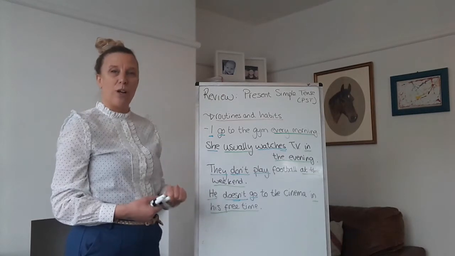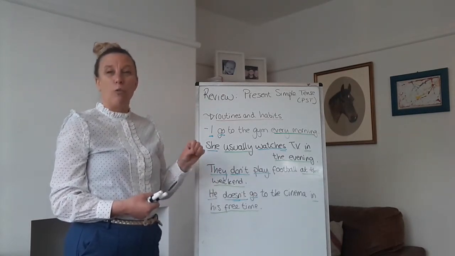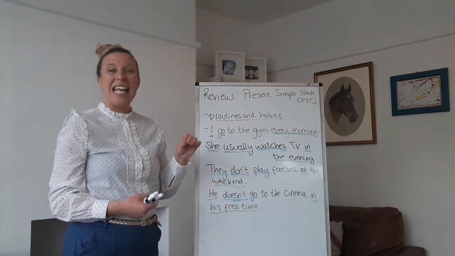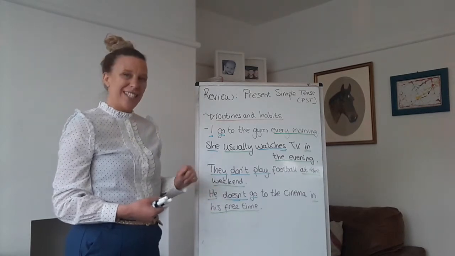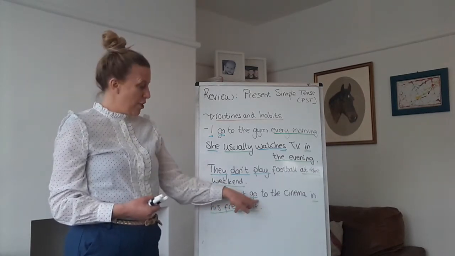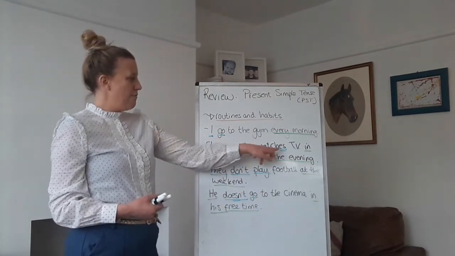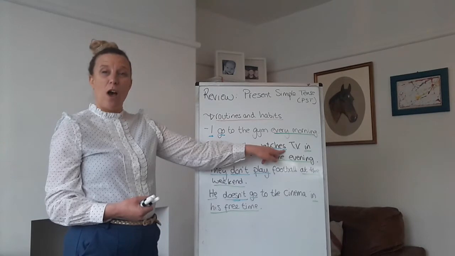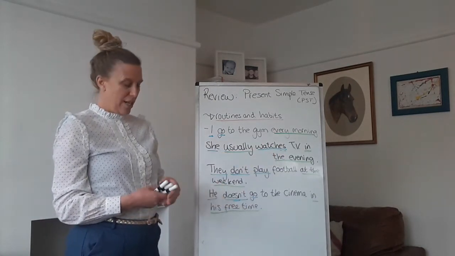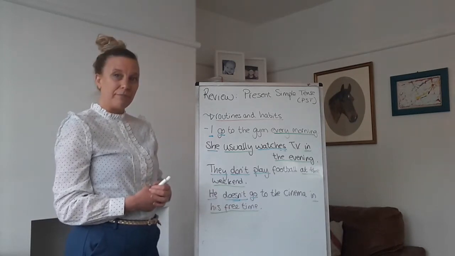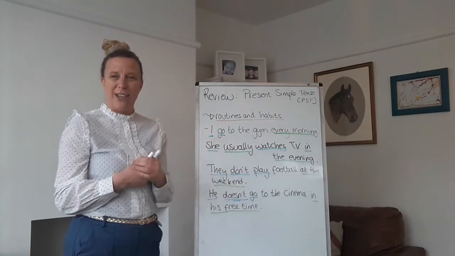I don't, you don't, they don't, we don't, he, she, it doesn't. But we still use the base form of the verb in the negative. In the positive, we add es to the base form of the verb. But in the negative, we don't, because we've got doesn't. Got to try and remember this, got to study this and practice, practice, practice, okay?